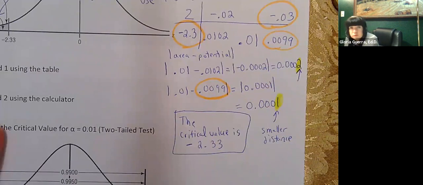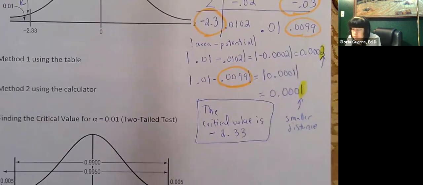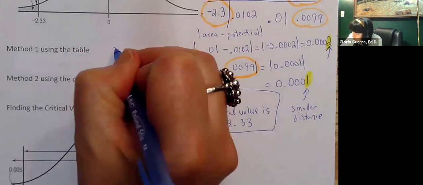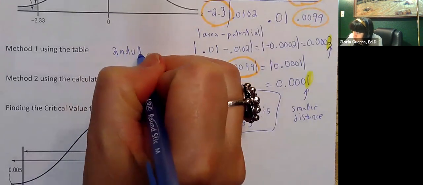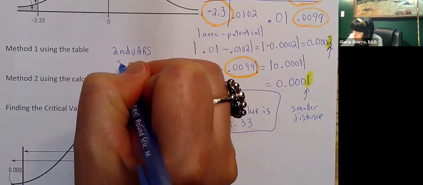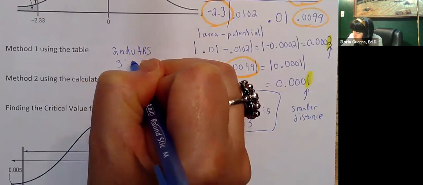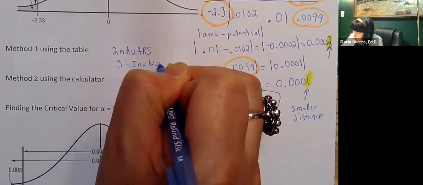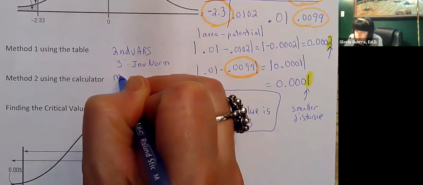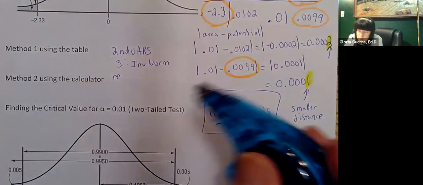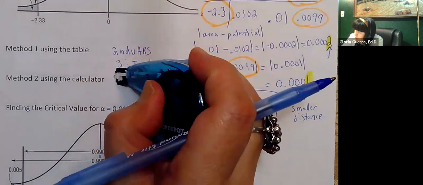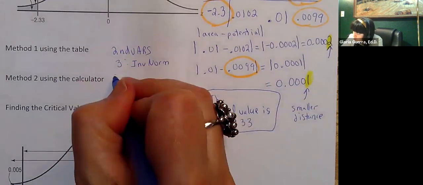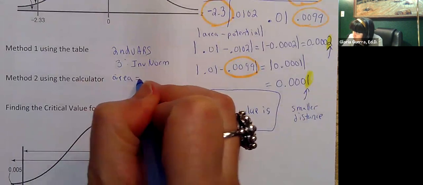Now, again, if we use the calculator, we're doing second vars, number 3, inverse norm, and area is equal to area.